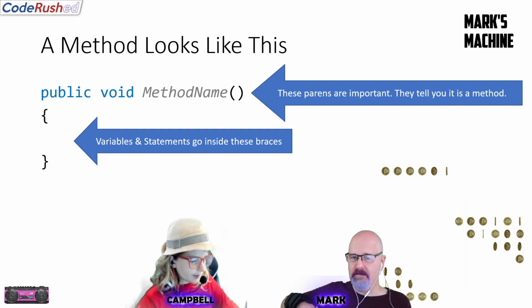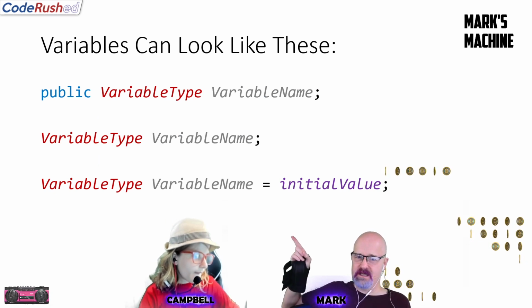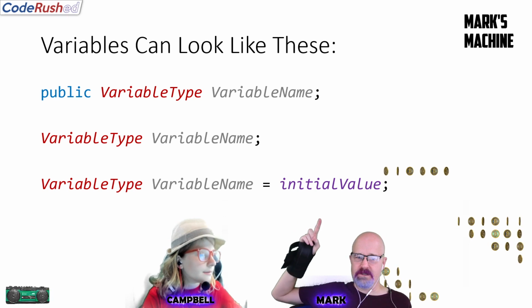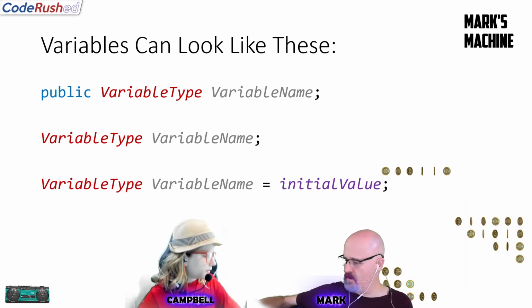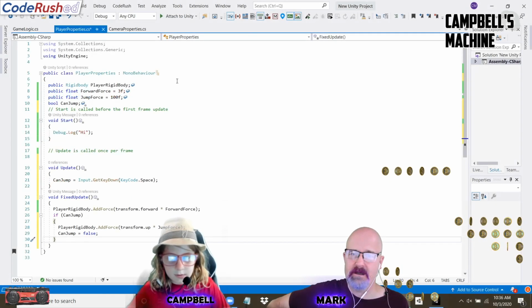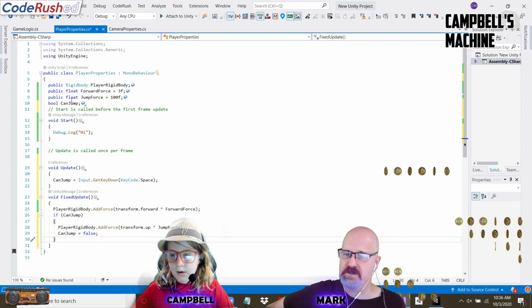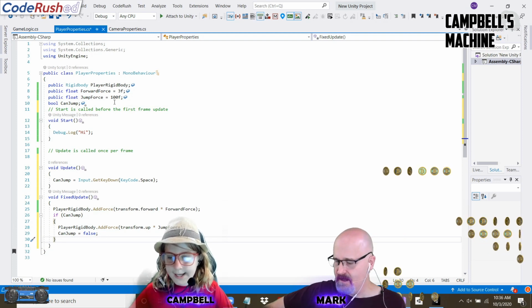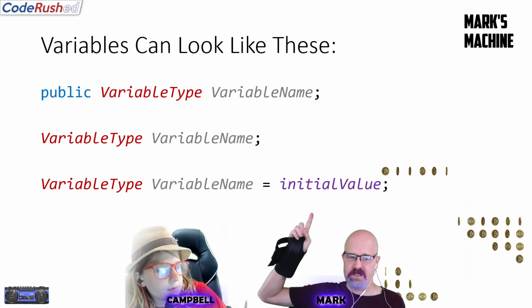Okay? Variables can look like this. We've seen things that look like this before. Notice the bottom one here. You can even do this, and actually, we've seen this too. Go to your code a second. Right up there at the top, see where you have forwardForce is equal to 3f and jumpForce is equal to 100f? That's very similar to this, where I have variable type, variable name equals initial value.